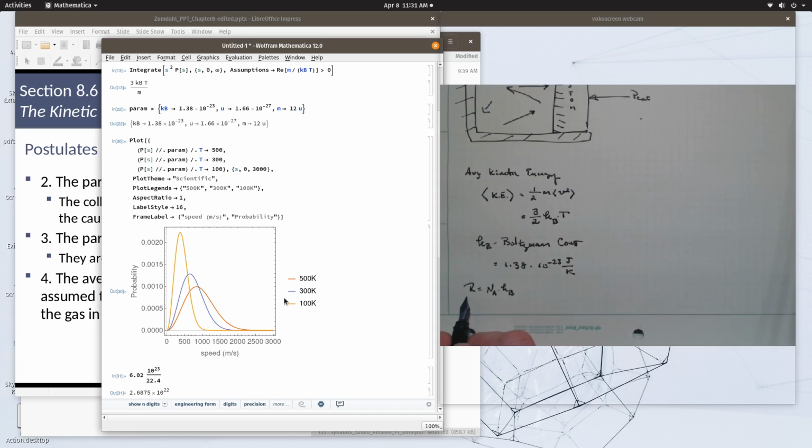This is the ideal gas constant. It's 0.082, whatever the number is, liter atmospheres per mole Kelvin, the constant we talked about before.